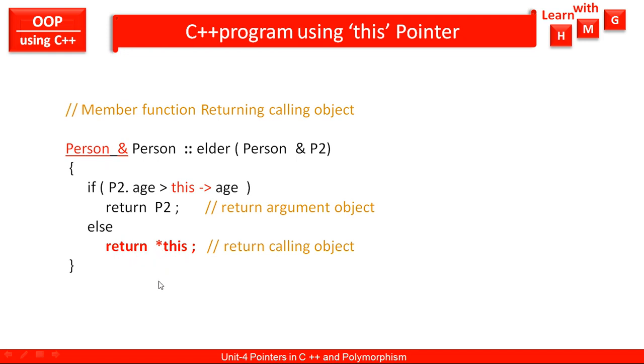In this way the elder function returns the calling object. Person ampersand indicates that the elder function returns a reference to the calling object, a Person type object, and here it is done using return *this.